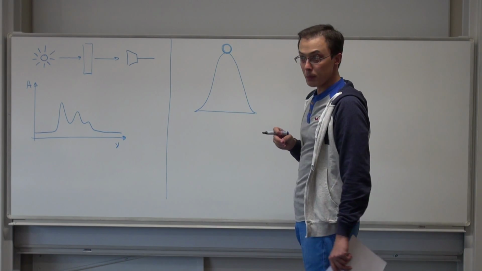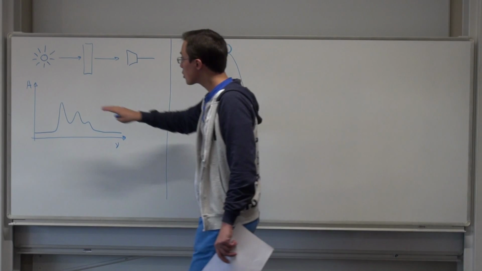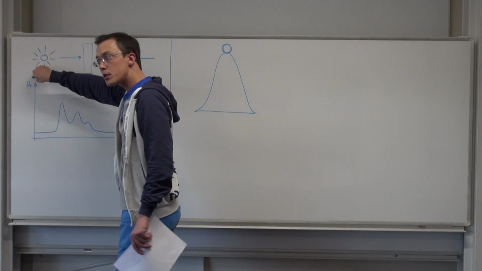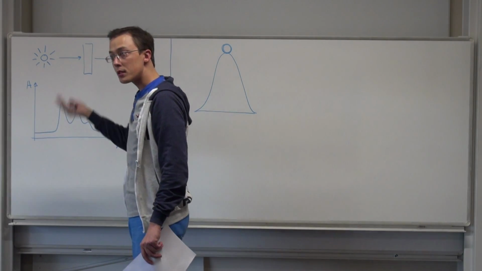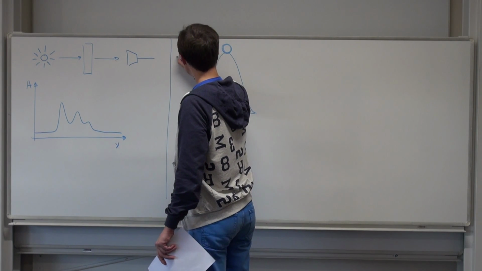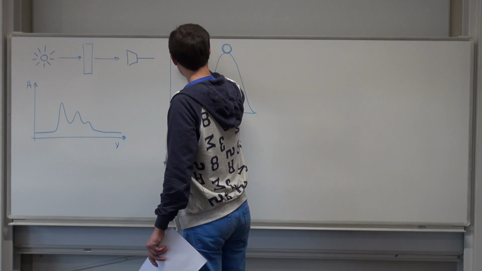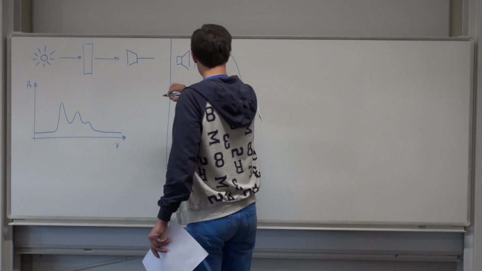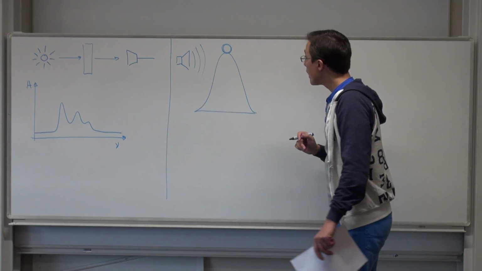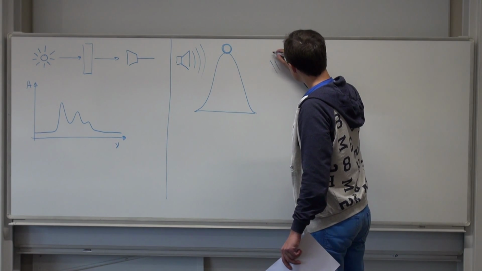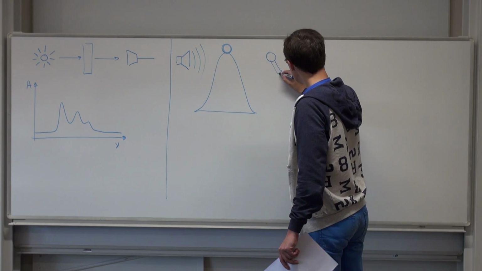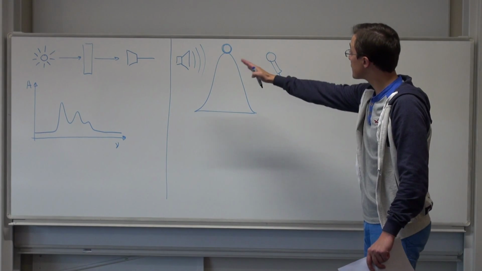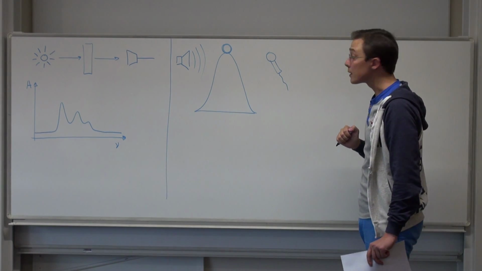We can do acoustic spectroscopy. We can shine on it the acoustic waves of different wavelengths. So we would have a speaker here, which would just give out sound, and we would have a microphone here, which would record the sound once it has passed by the bell.